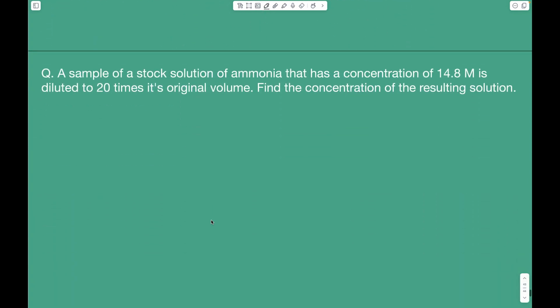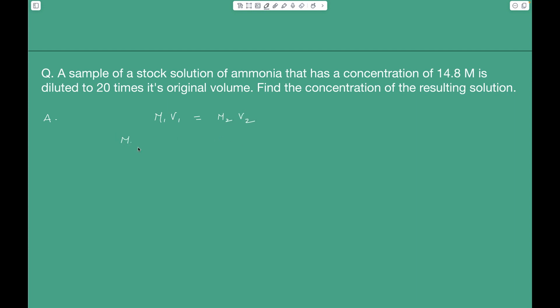Then the next question says, a sample of a stock solution of ammonia that has a concentration of 14.8 M is diluted to 20 times its original volume. Find the concentration of the resulting solution. Again, a straight question on the dilution formula, that is M1V1 is equal to M2V2.